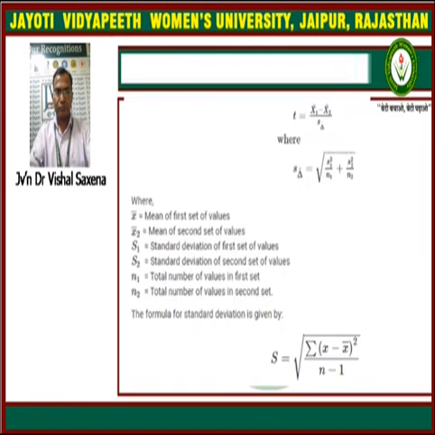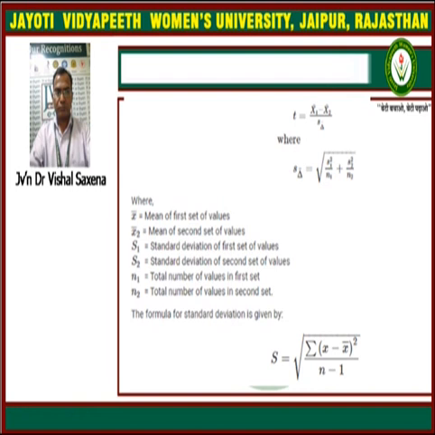Now the t statistic is used to differentiate between the two data sets, and the t statistic is given by x1 bar minus x2 bar upon s del bar, where s del bar is given by the square root of s1 square upon n1 plus s2 square upon n2.